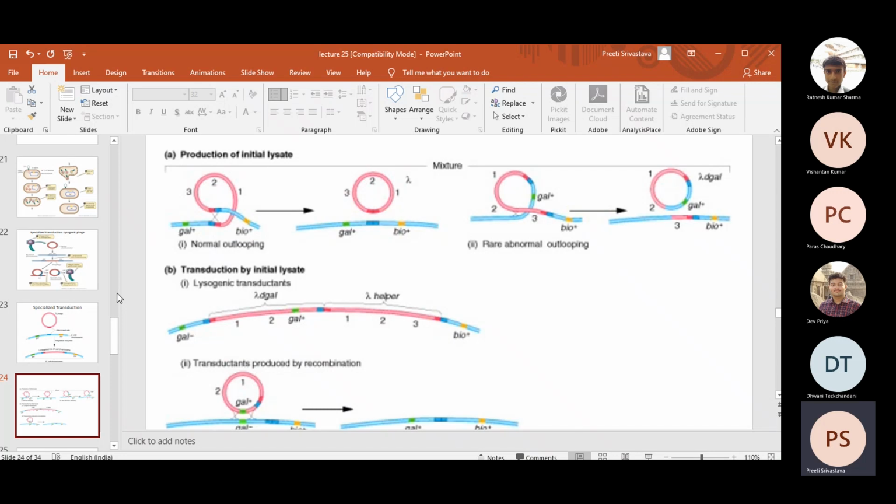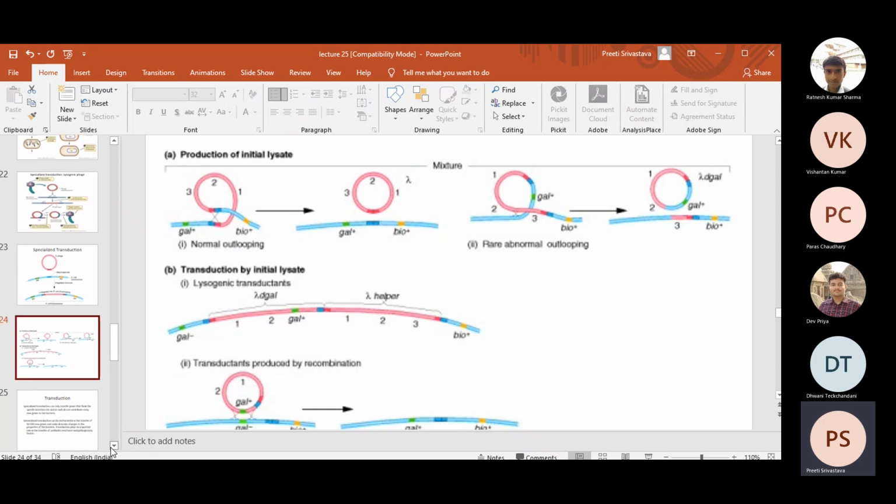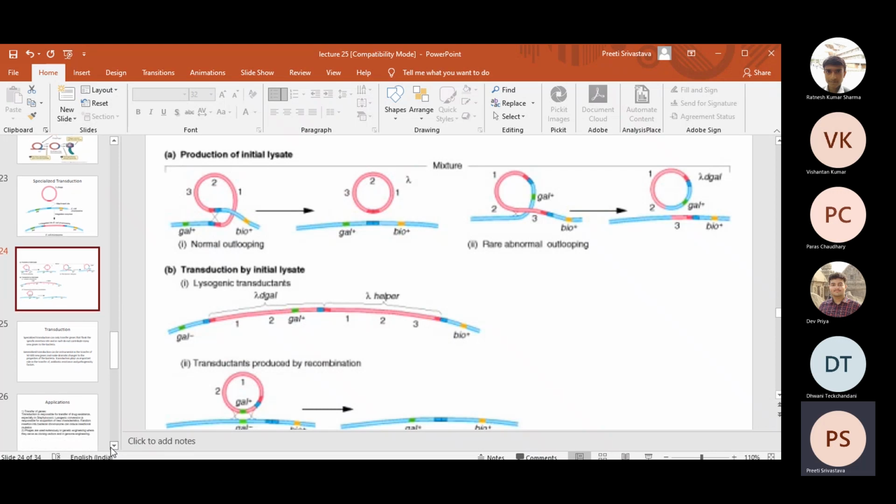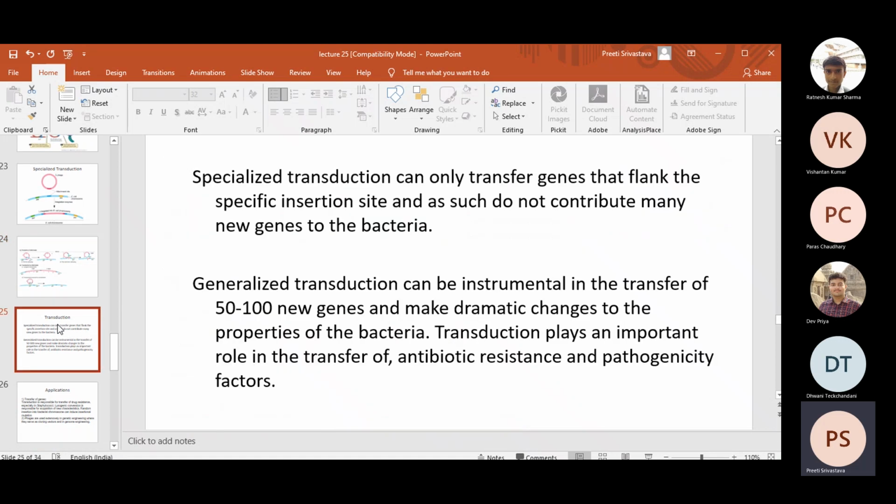Therefore, when such a lambda phage infects a bacterial cell, it will transfer along with it the chromosomal DNA, and that is why it is said that in specialized transduction you can transfer only specialized genes, only genes that flank the specific insertion site. Right, in generalized transduction you can transfer almost any gene, but in specialized transduction only the genes flanking the insertion site.